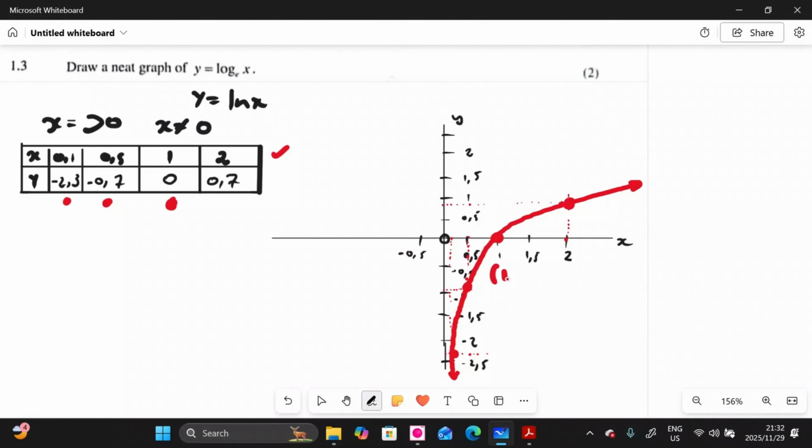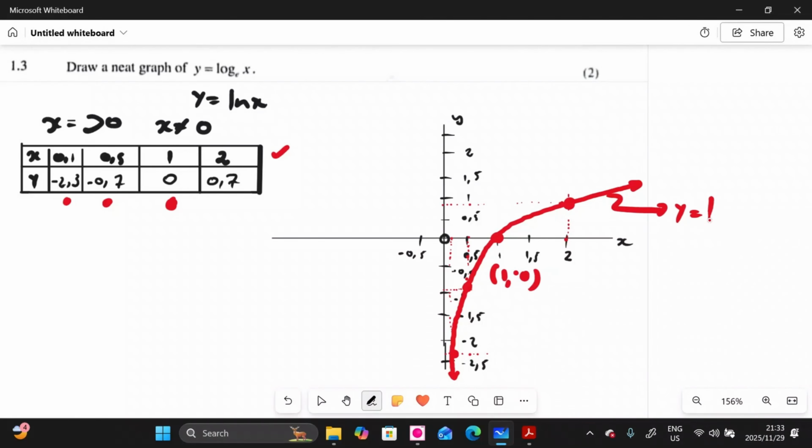One of the most important things is that you must always show this point here. Let me just write it: 1 and 0. When x is 1, our y is going to be 0. Another thing, the shape is very important. Exactly the way I've drawn it should be like that. Your graph should not cut the y-axis. Once it cuts y, it's incorrect. It only asymptotes at the y-axis.